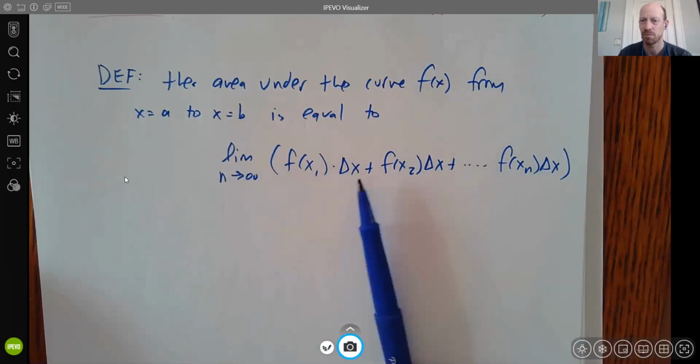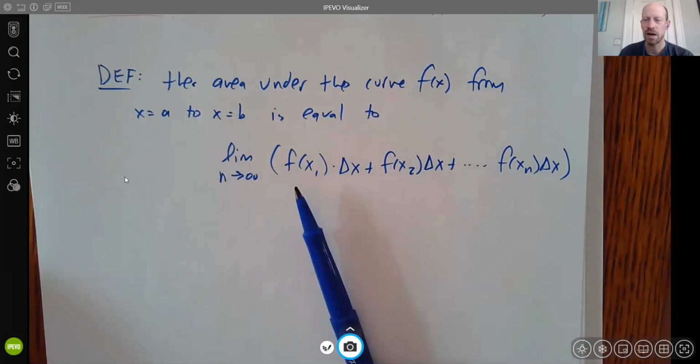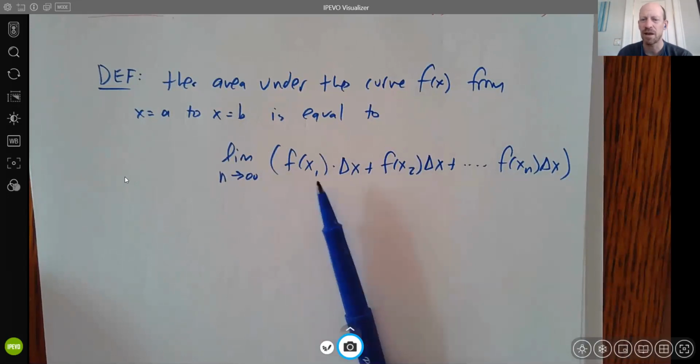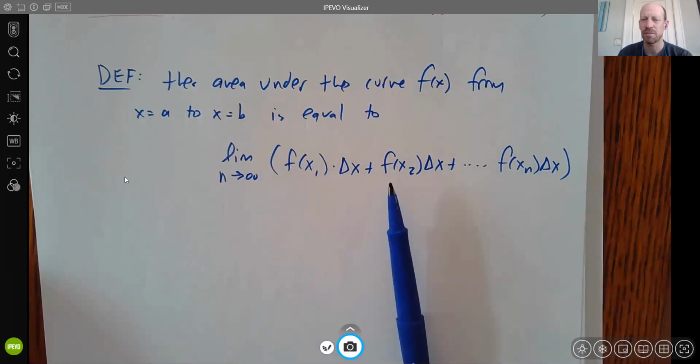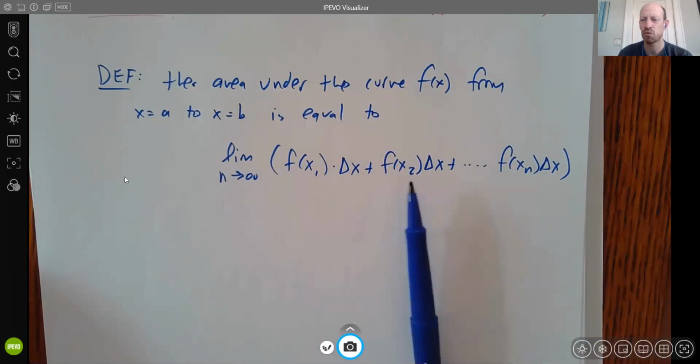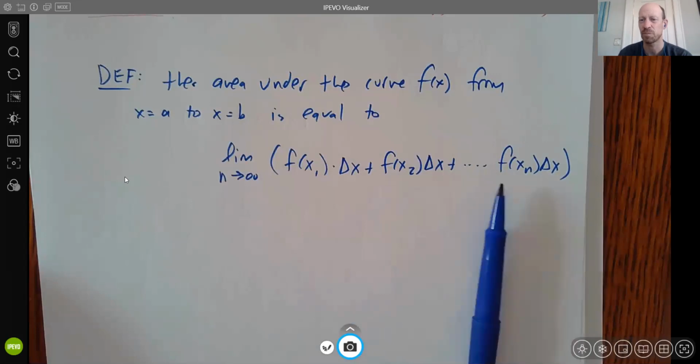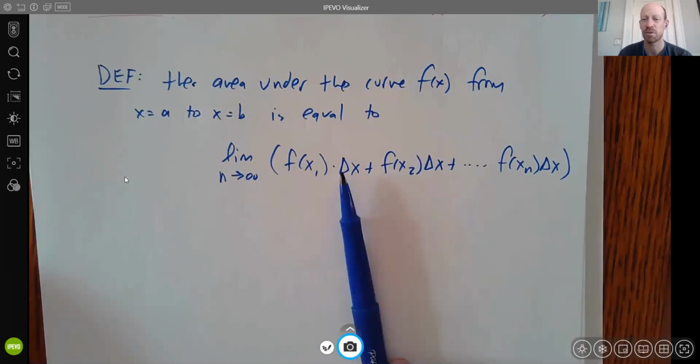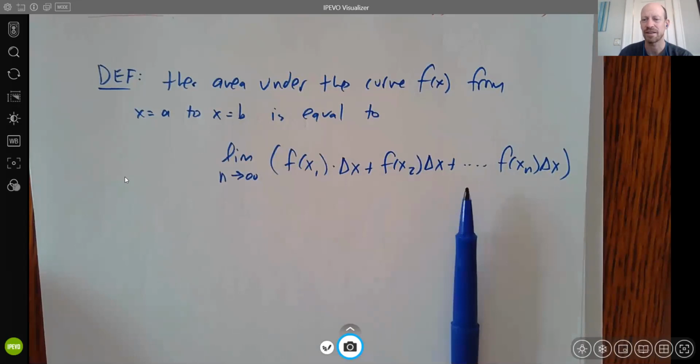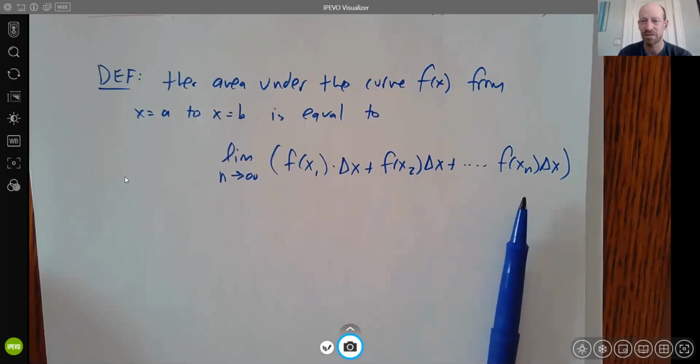trying to tell you. Now, in order to actually do this, I'm not able to calculate the limit when I have this sum written out like this. This is called an expanded sum, right? I have this, plus dot, dot, dot, plus this.